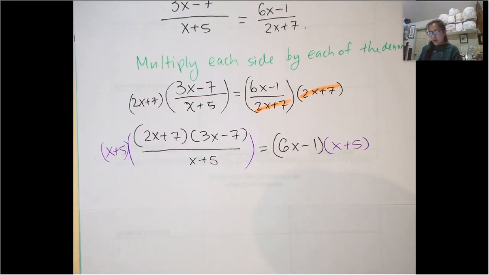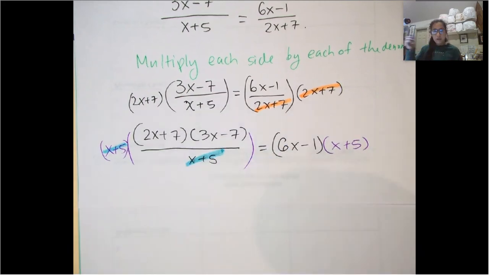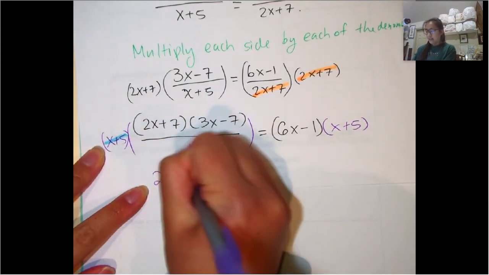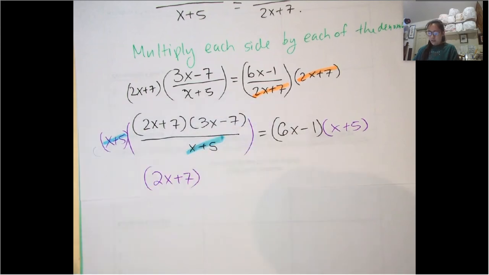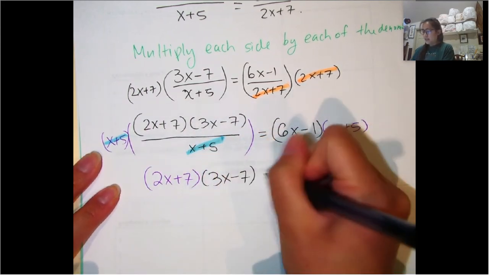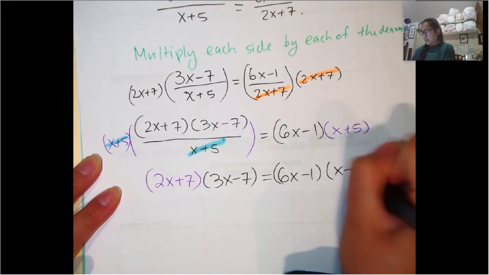You'll notice that x plus 5 and x plus 5 divide out, meaning they become 1. And so we're left with 2x plus 7 times 3x minus 7 equals 6x minus 1 times x plus 5.